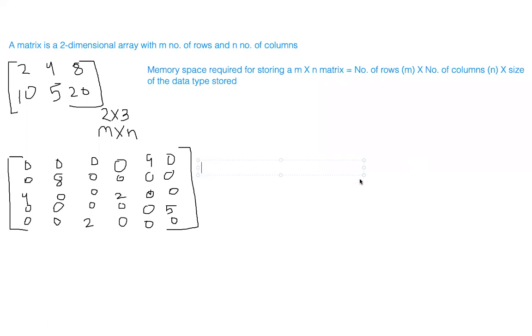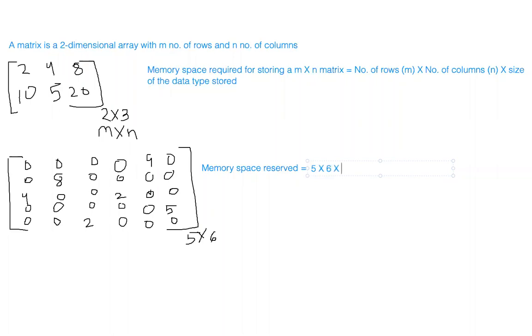So how much total memory space will be reserved for this matrix? Let us go back to the previous formula which we have written. The memory space reserved for storing this particular matrix, which is a 5 cross 6 dimension matrix, will be equal to the number of rows, which is 5, into the number of columns, which is 6.